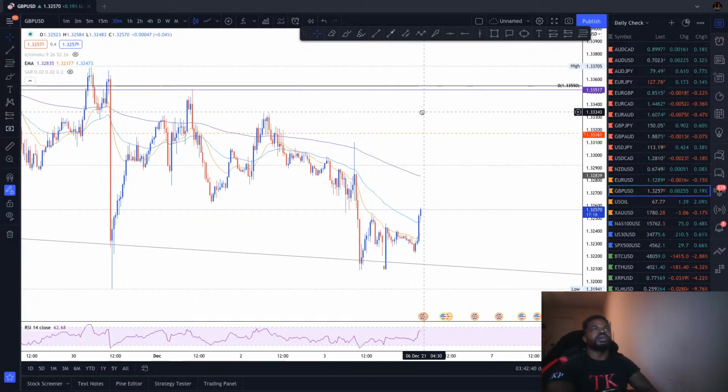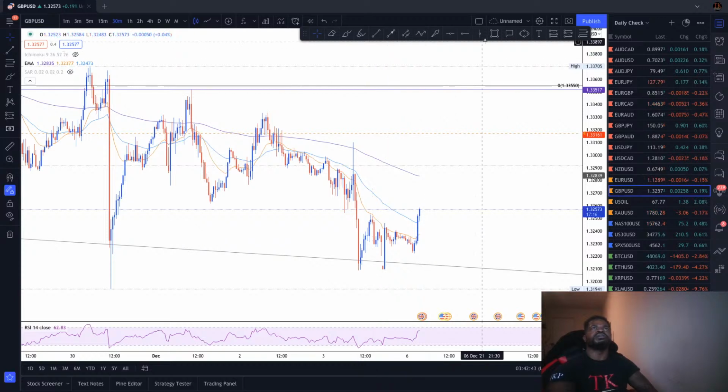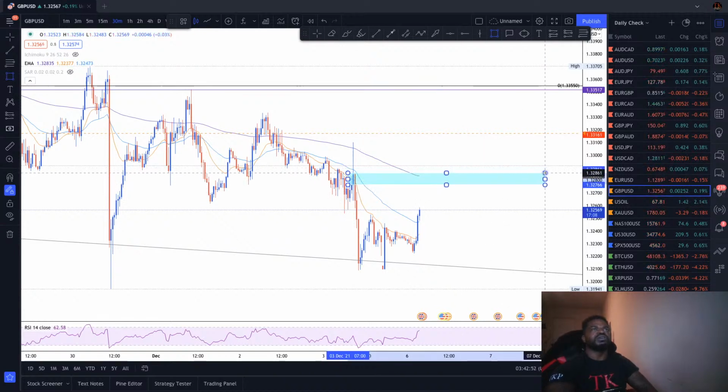Pound is pulling back. Everything is pulling back so far. Looking at this area right underneath the 200 EMA.